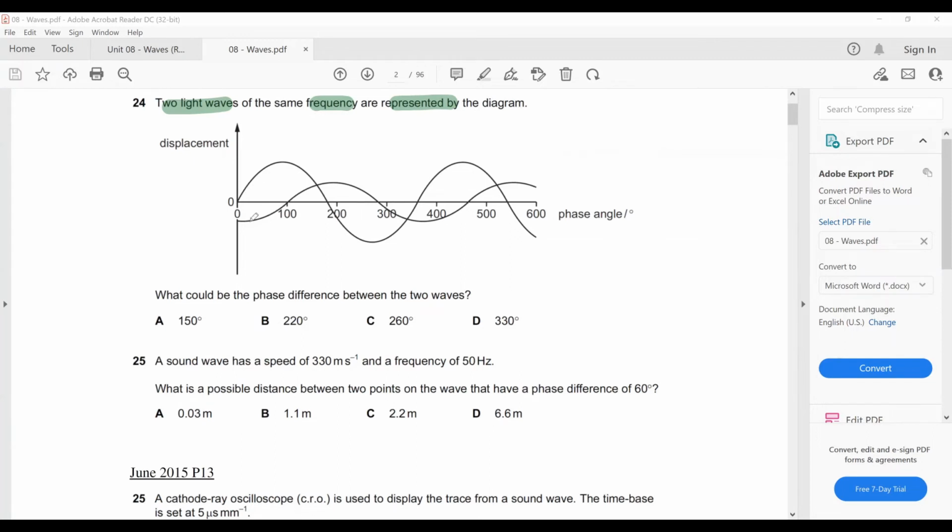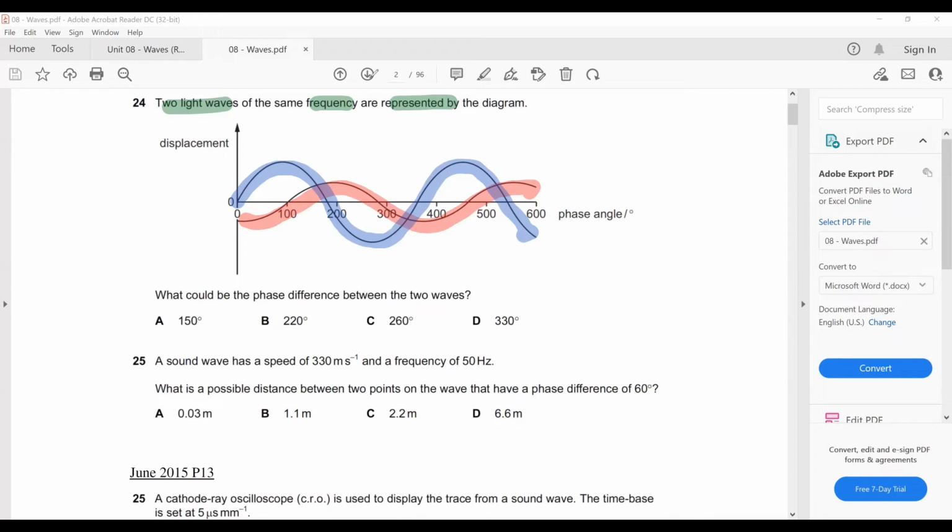In the example just now, I gave you this one as red, and this one as blue. They're asking you to find the phase difference between the 2 waves. So you need to pick 2 similar points on both waves.